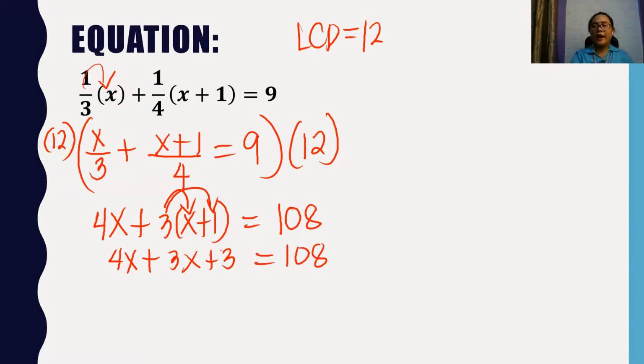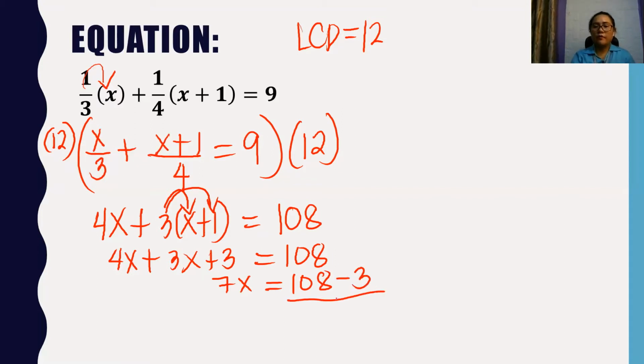Then, of course, we have to keep the terms with variable in the left and we have to transfer to the right yung mga constant na terms. So, we have here, isa lang ang constant, we have to transfer it sa right side of the equation. So, we can add 4x plus 3x, that would give us 7x is equal to 108. Yung positive 3x, when we're going to transfer it to the right side, that would give us negative 3.